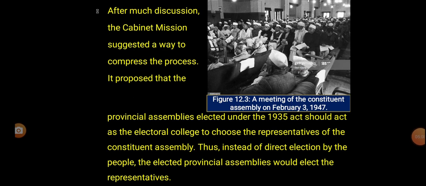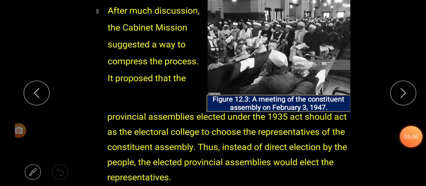After much discussion, the cabinet mission suggests a way to compress the process. What does this sentence say? That means after much discussion, the cabinet mission suggested a way to begin the process.